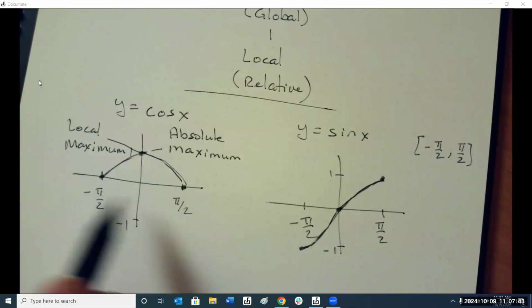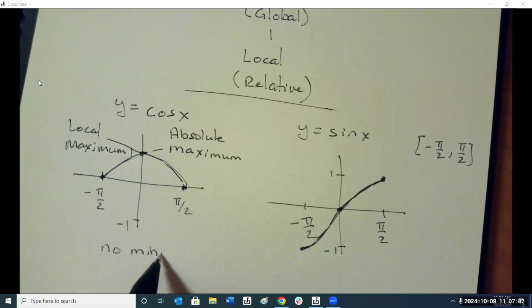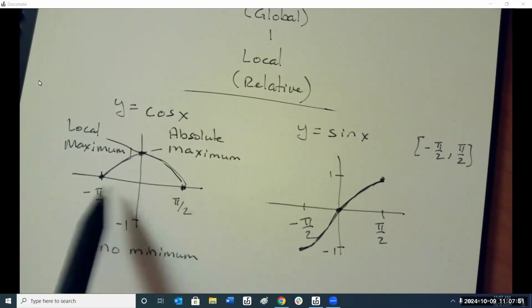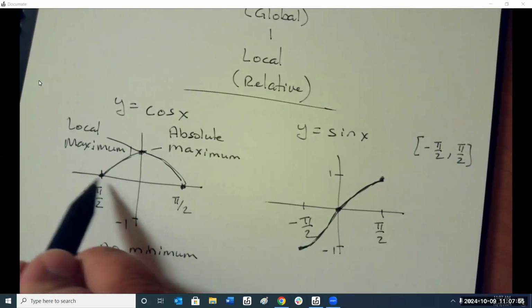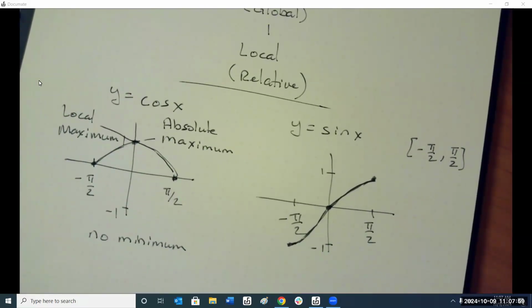And there's no minimum on this interval, because we have two values that are the same. We can say that this one's local to this side, this one's local to that side, but there's no absolute one.